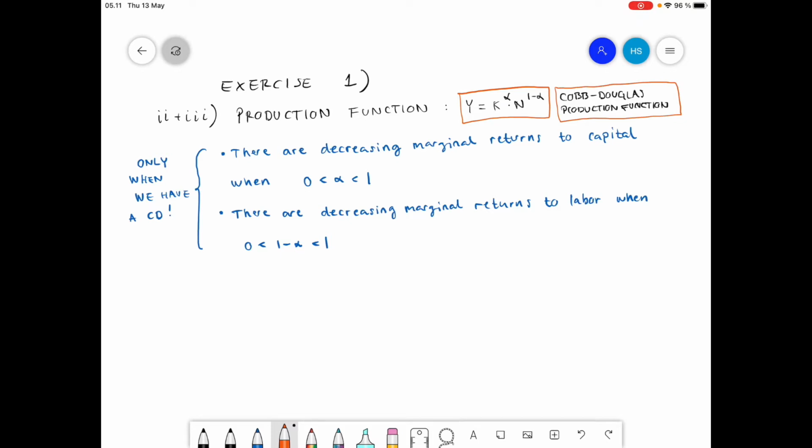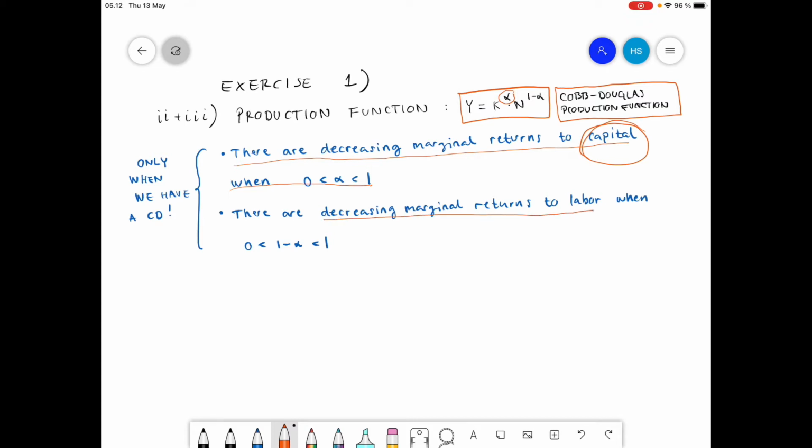Whenever we have a Cobb-Douglas production function, we know that there are decreasing marginal returns to capital whenever alpha is between 0 and 1, and that is the exponent that capital is raised to.